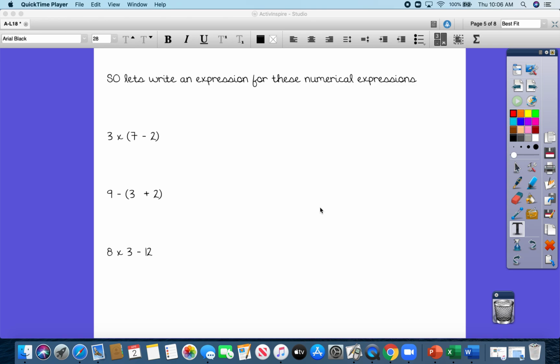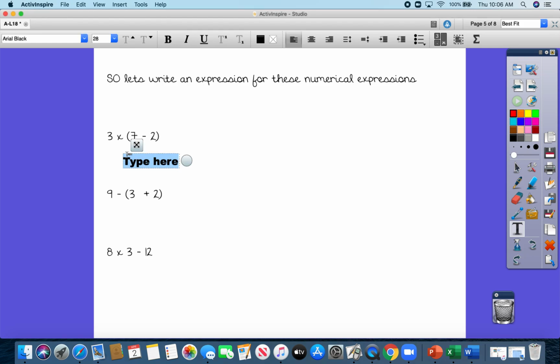All right, so this time on this slide, it's got some numerical expressions that we need to write in word form, okay? We're going to write a word expression for these. So the first thing that I'm going to do is I'm just going to start on the left, all right? So what is the first thing that I see right here? I see 3 times, and then I have 7 minus 2. But how am I going to say that to make sure I put that in parentheses?